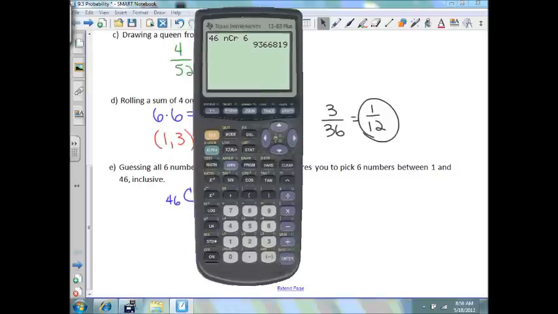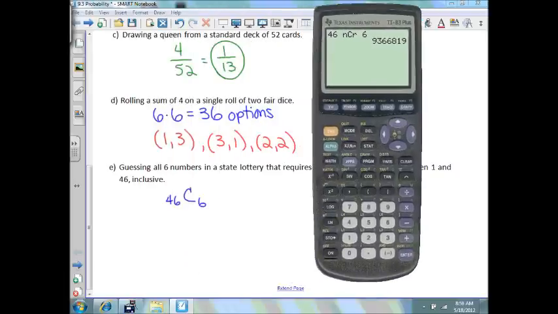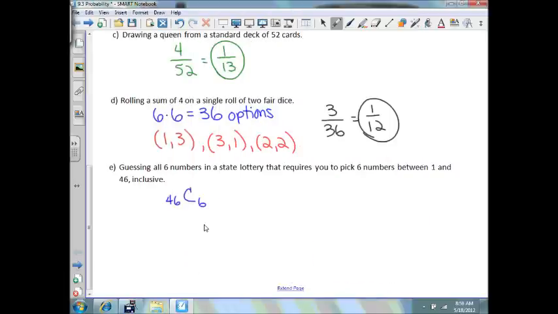So that gives 9,366,819. That's how many different numbers there are, different tickets we'll have. So to win will be 1 out of 9,366,819.